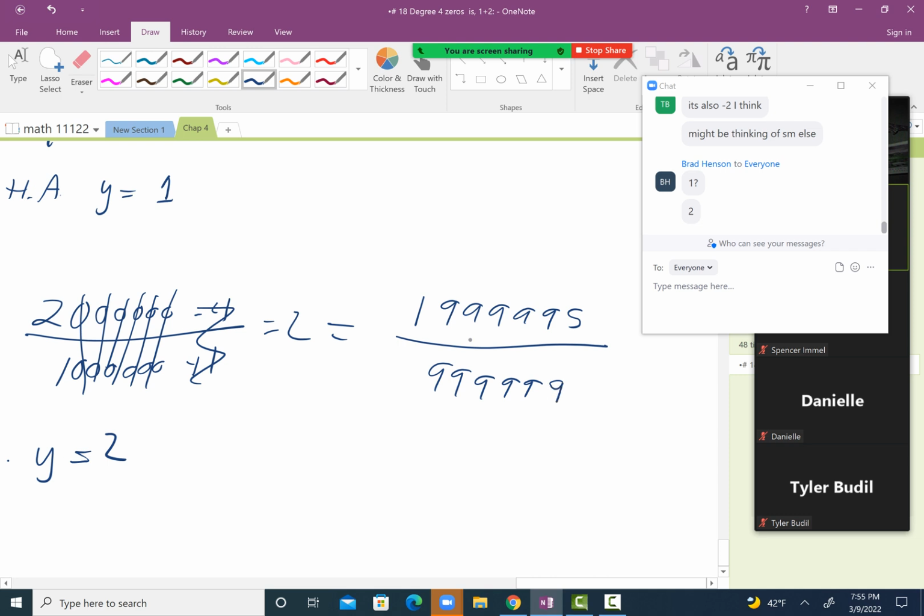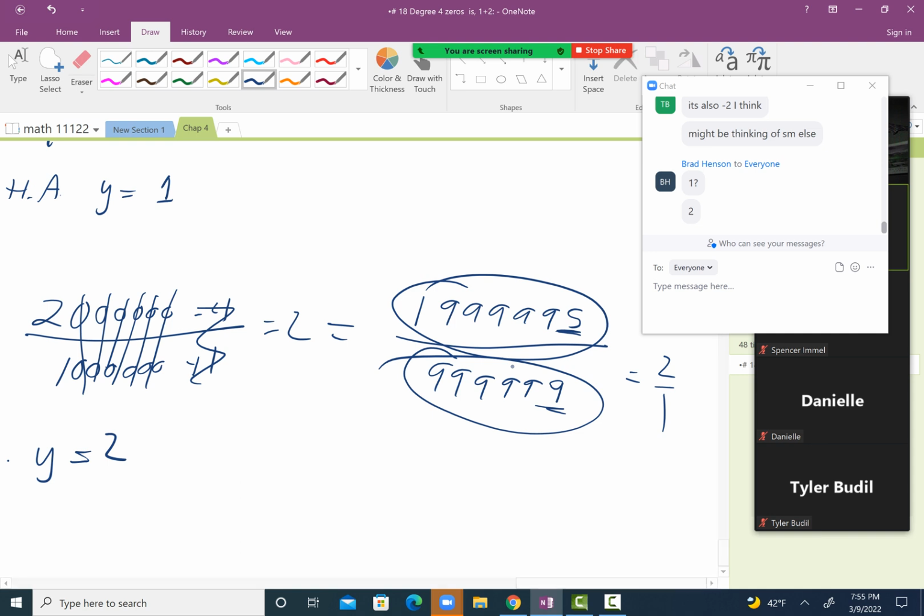So you see, subtracting the 4 and subtracting the 1 really doesn't change the idea that this is still going to be just 2 over 1. If you divided those two things, you're going to get really, really close to 2. It's just that the 4 and the 1, since the numbers are so large, are just not very significant in that whole thing. Okay.